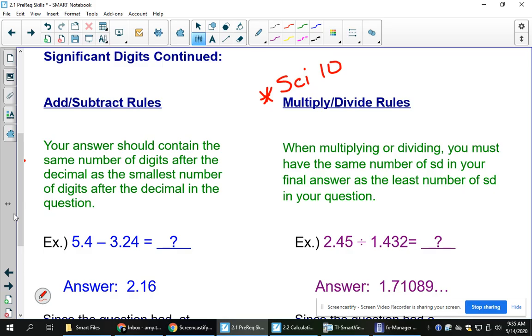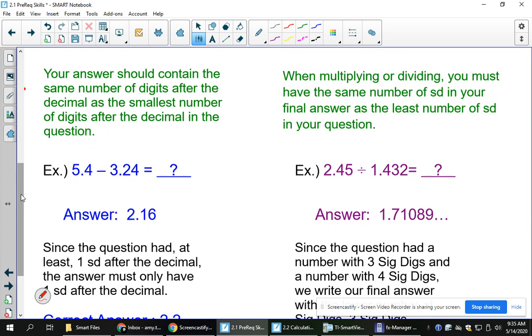So first of all, let's take this example and let's count the sig-digs. How many sig-digs, significant digits, do you see in the number 5.4? Remember, all numbers are significant except for leading zeros. I see 2 sig-digs in this number. How many sig-digs do you see in 3.24?